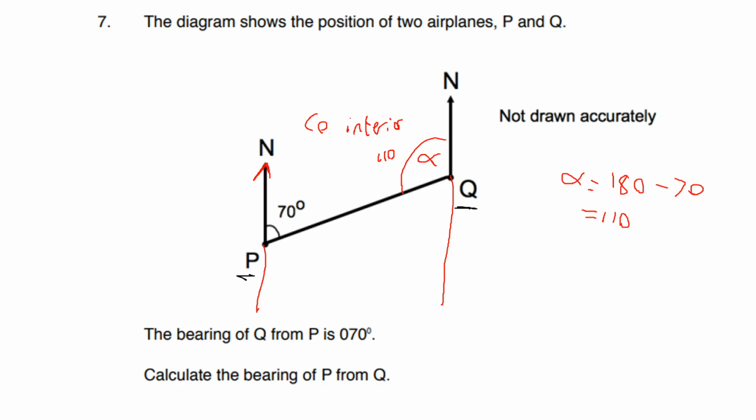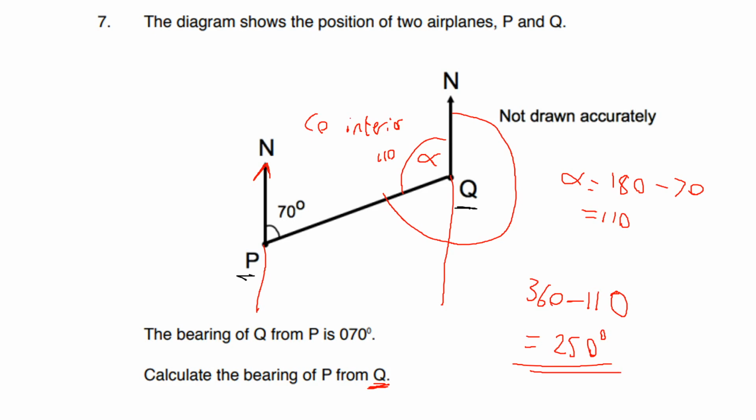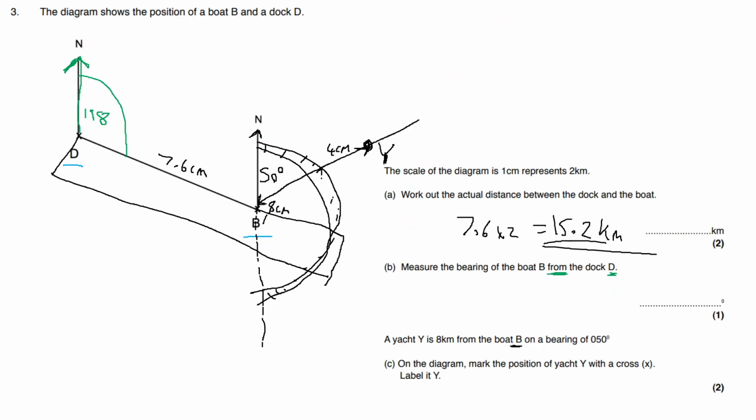And so the bearing of P from Q is simply just going to be this angle here, which is 360 minus 110, which is equal to 250 degrees. And as you can tell, we did all of that without needing our dodgy ruler and our protractor from earlier.